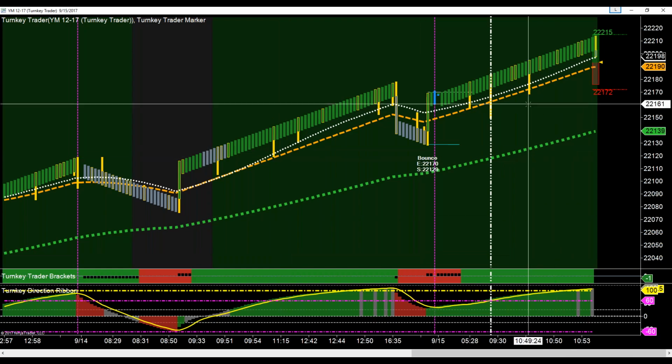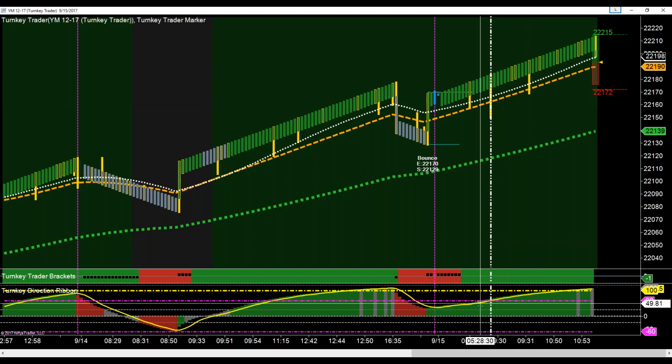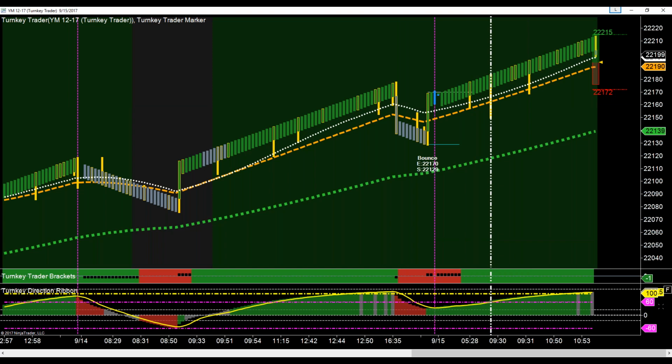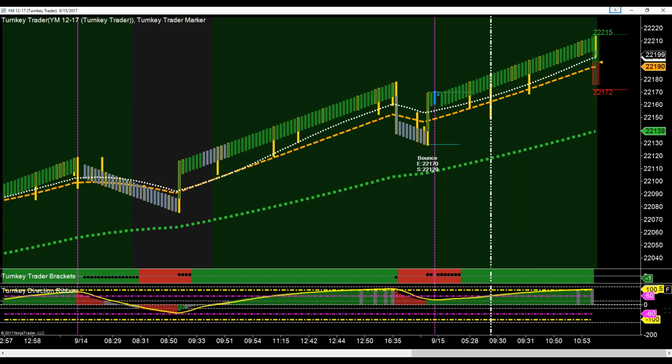So while this one was a little bit iffy, one of the most powerful indicators on this chart is our yellow line here. And for the trend trades, I typically like to see it come from 100 at least, or come from, in this example, negative 100, and cross up to above 60 to qualify a trend trade.